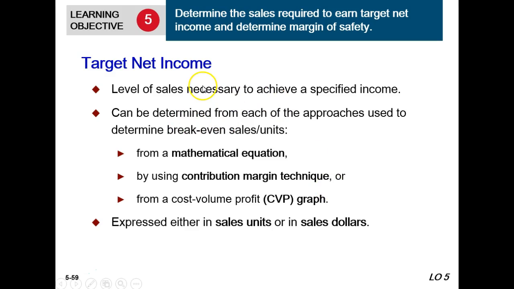So basically, we learn from this CVP analysis that we may have to vary sales to come up with a specific income, be it quantity or price.